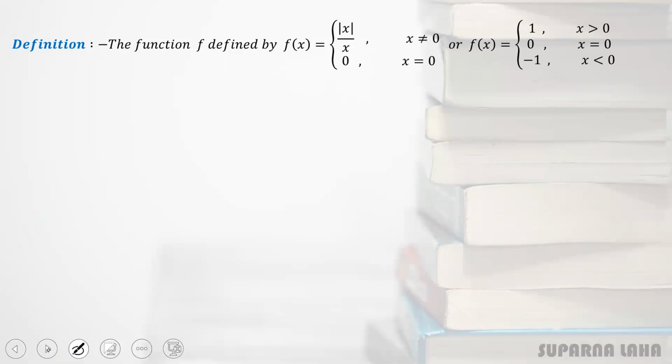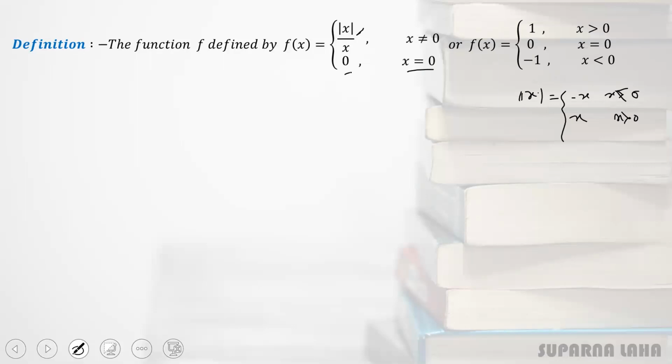Now this thing again I can divide, since the mod function is there, that is mod x is equal to minus x for x less than 0 and x for x greater than 0. Since for x equal to 0 it is 0, I'm not taking this part.